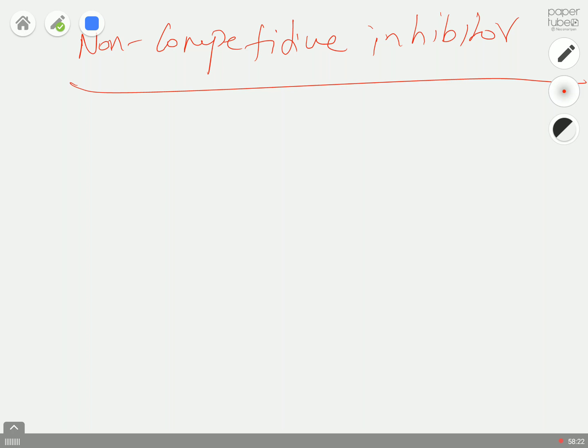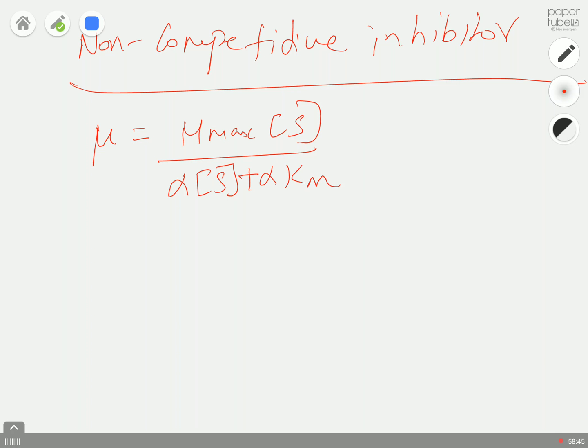Your non-competitive inhibitor can bind both to your enzyme and also to your enzyme substrate complex. So in that case, your initial velocity will change with the substrate concentration following the relation with alpha Km. You can linearize this again like the Lineweaver-Burk plot. All you need is to take the inverse and expand. Maybe for this one I can show how to do it.